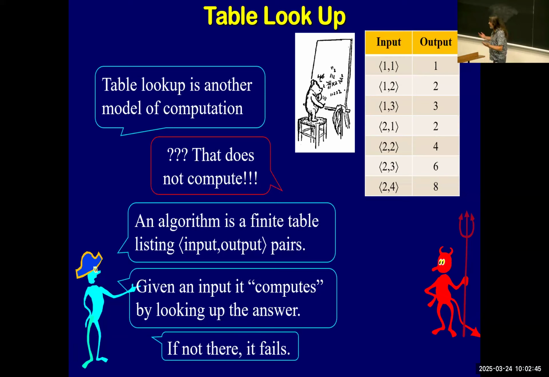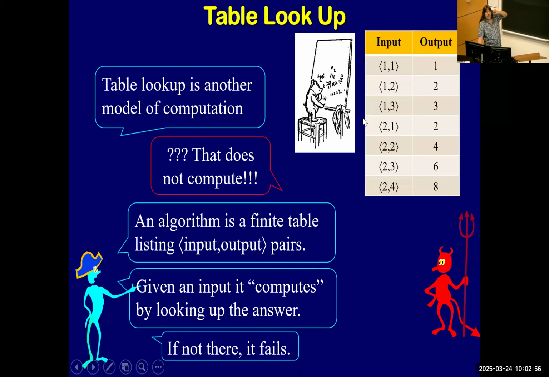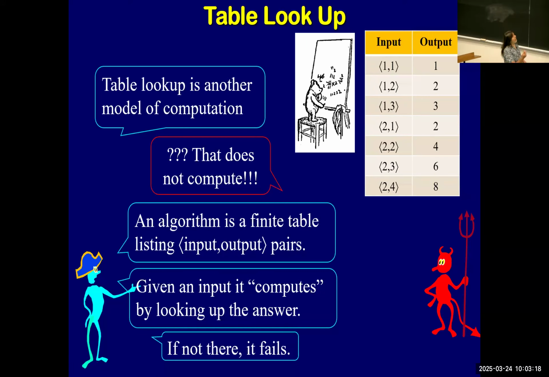And if it's not there, then it panics. Oh, the input is a pair of numbers. Sorry, the input here is a tuple of numbers, and what we're doing is multiplying them. So for the bottom one, the input is 2 and 4, and the output is 2 times 4.